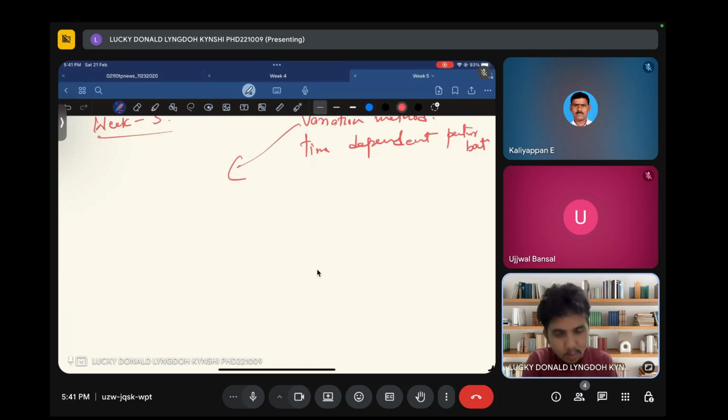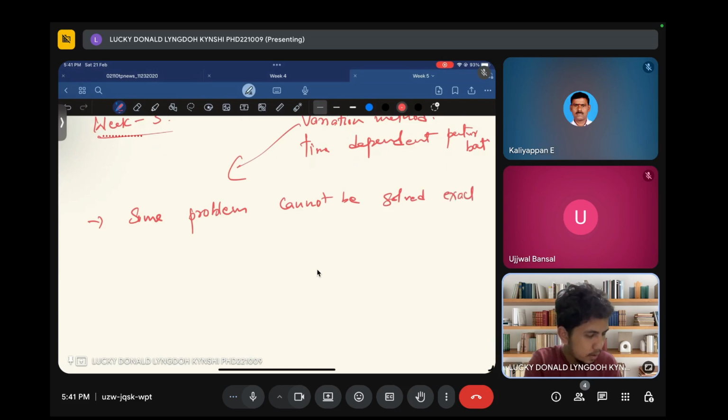That means some problems cannot be solved exactly by perturbation theory. There may be problems which cannot be solved directly by perturbation theory.